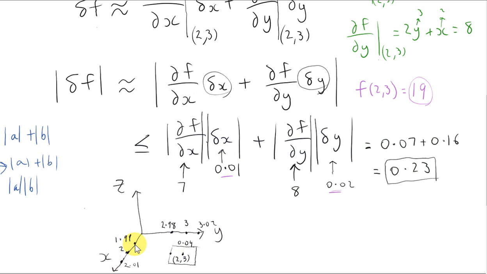So x runs from 1.99 up to 2.01, and y runs from 2.98 up to 3.02. So we can imagine calculating f for all values in this rectangle. We know that at the point 2, 3, the value of the function is 19.